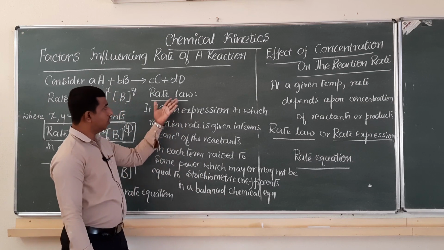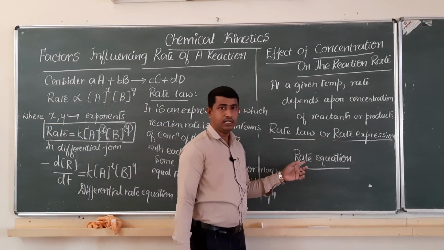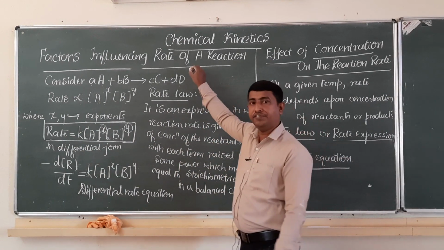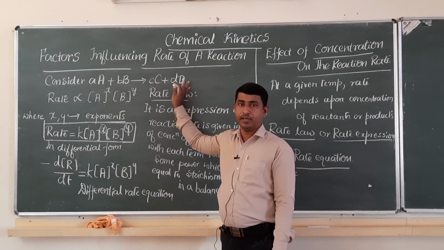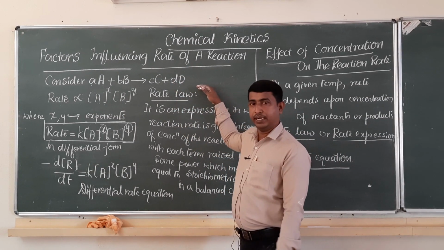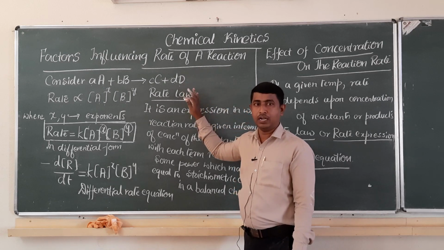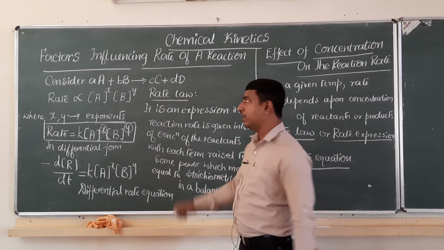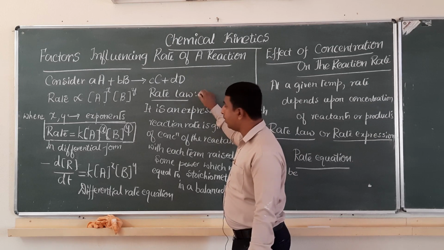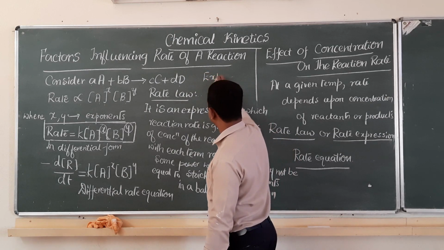This expression is called rate law, rate expression, or rate equation. Remember, the rate law for a given chemical reaction cannot be obtained just by looking at the balanced chemical equation. It cannot be predicted from the balanced equation. It is always obtained from experimental data.